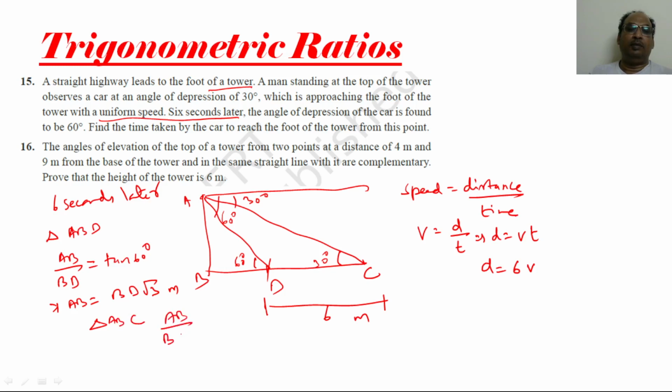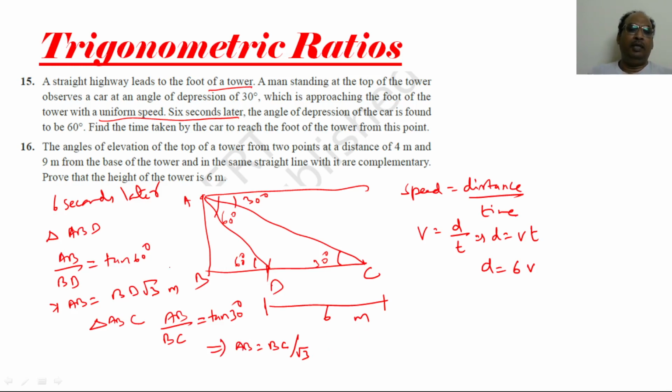So AB by BC is equal to tan 30 degree. AB is equal to BC tan 30 degree, which means 1 by root 3. AB is equal to BC by root 3.